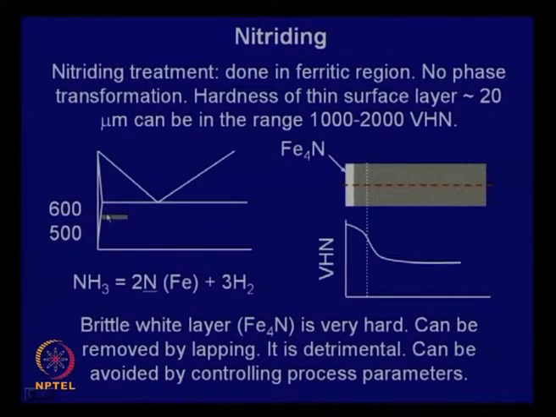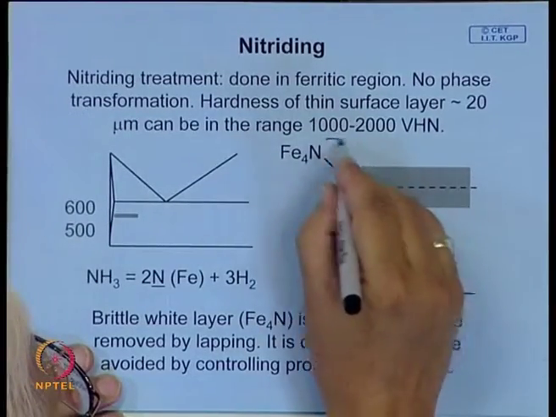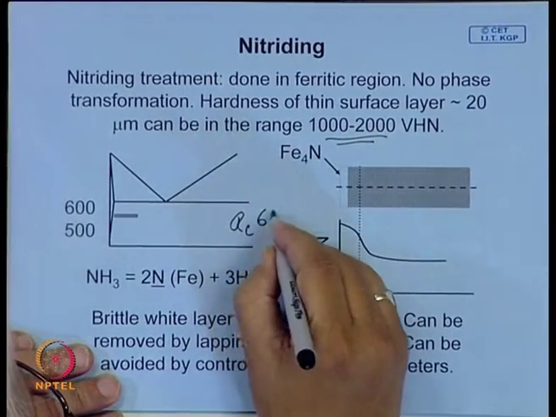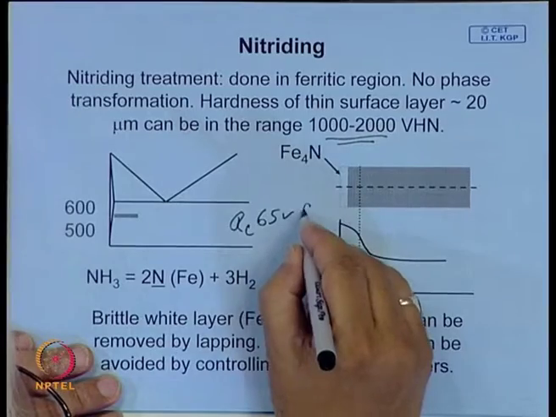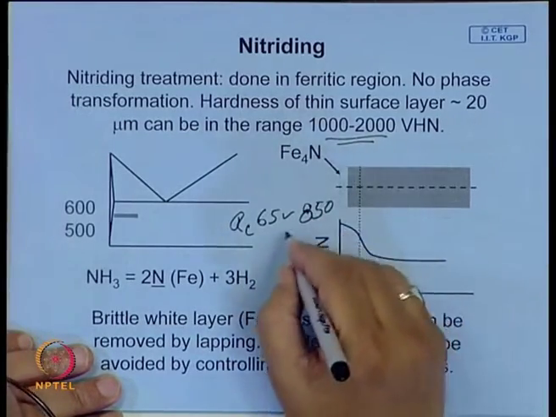That means around 500, in this temperature region, if you heat, then nitrogen can diffuse into steel, and it can give this kind of hardness level. This hardness level can be very high, whereas RC hardness around 65 is around say 850 VPN, Vickers hardness number.